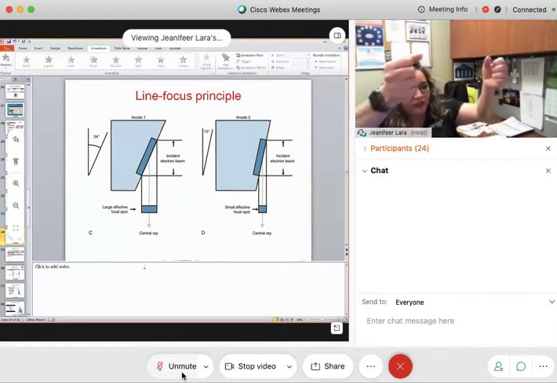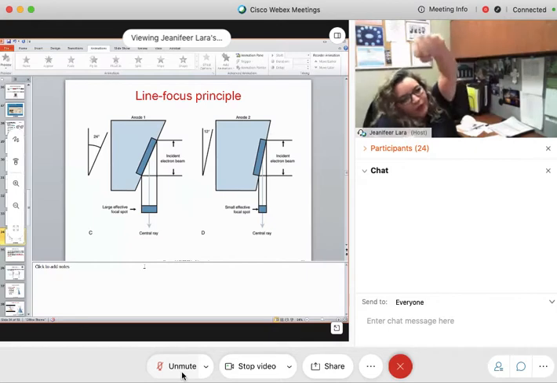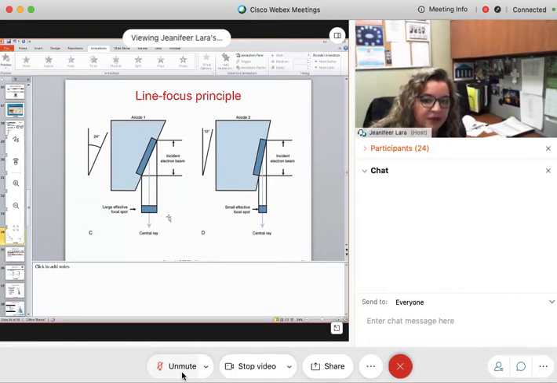This is why our patient is lying down. Our tube is this way. When the patient is standing erect, we aim our tube this way. We are aiming our effective focal spot so that our X-rays flow into our central ray.